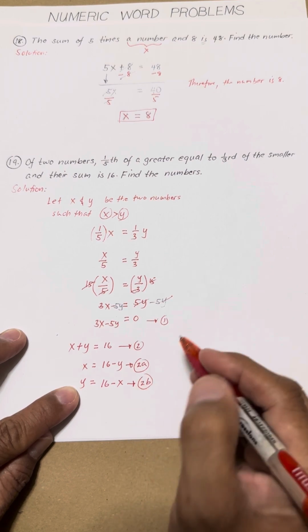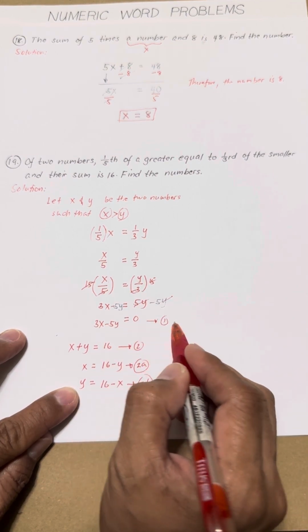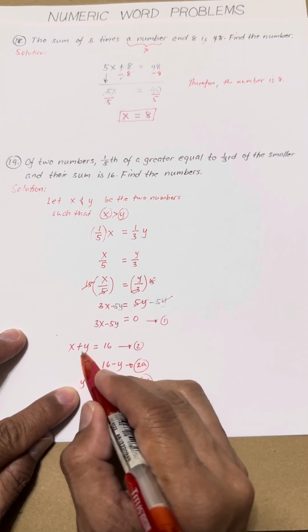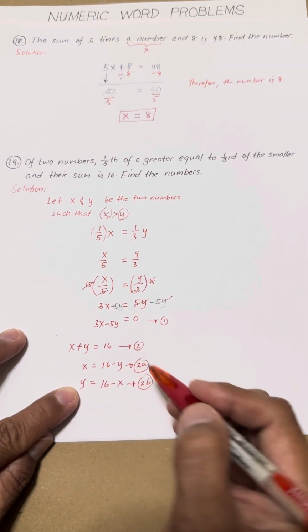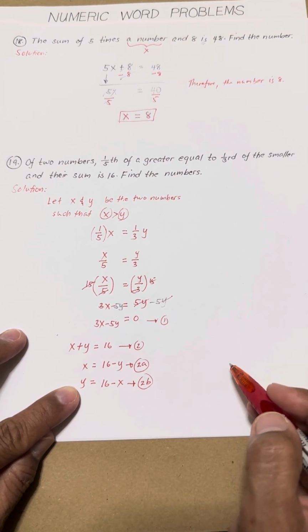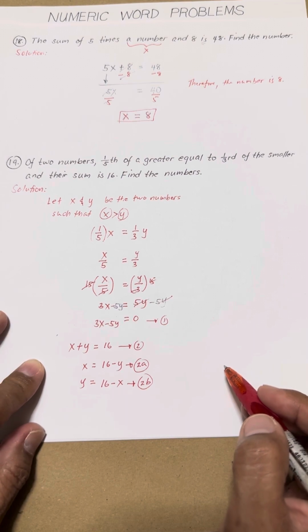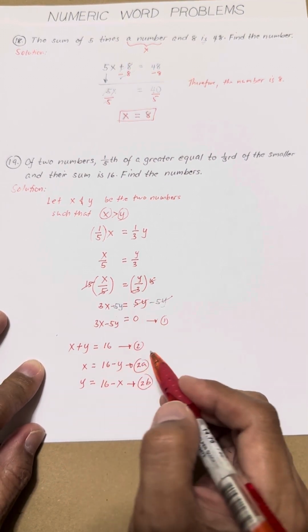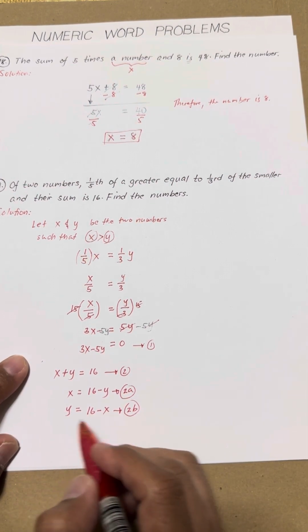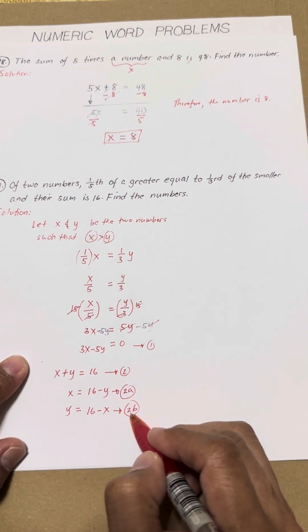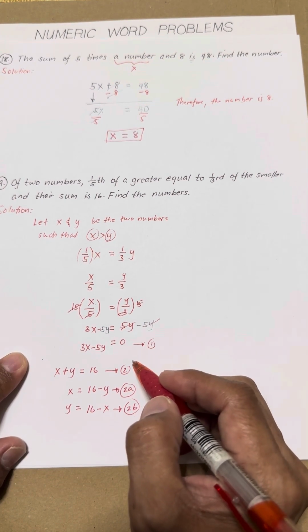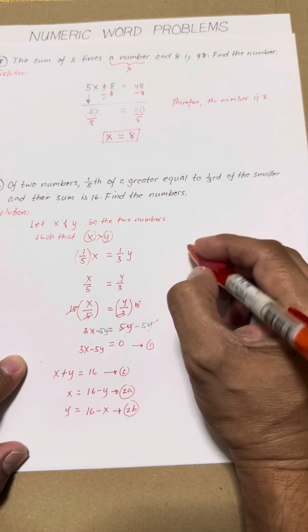So the main equations are 3x minus 5y equal to 0, and x plus y equal to 16, equation 2. These are just the sub-equations of equation 2. Because we have two equations with two variables, we can substitute either 2a or 2b into equation 1. It depends on which variable you want to solve.